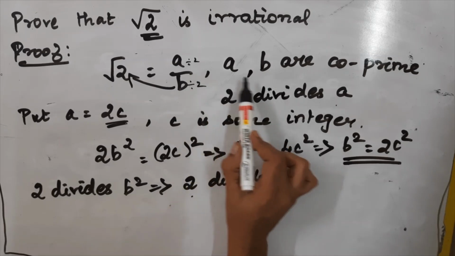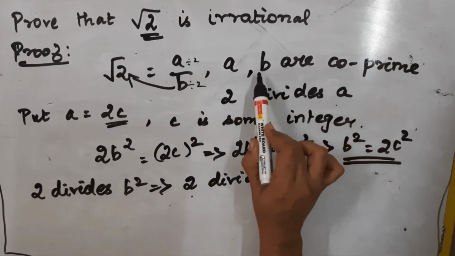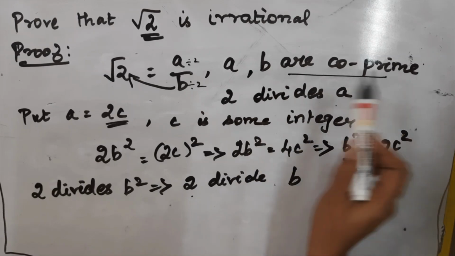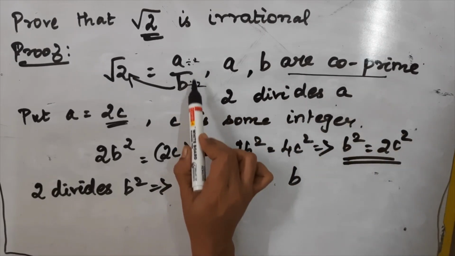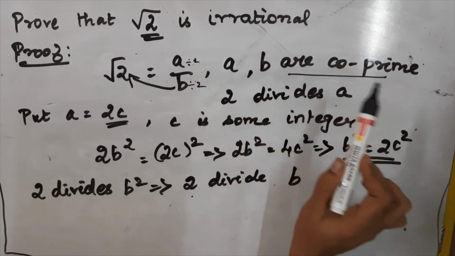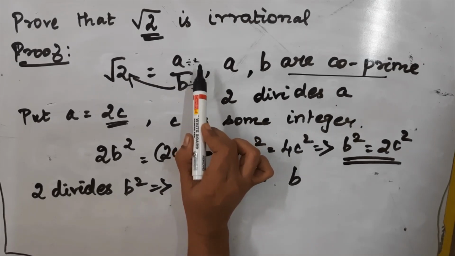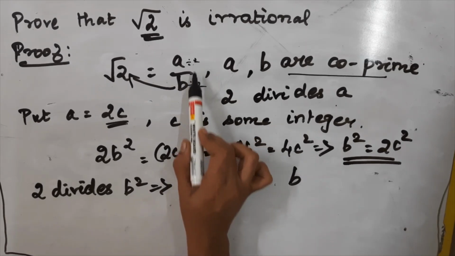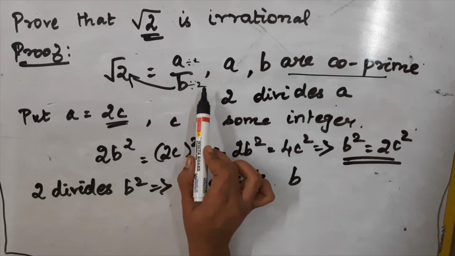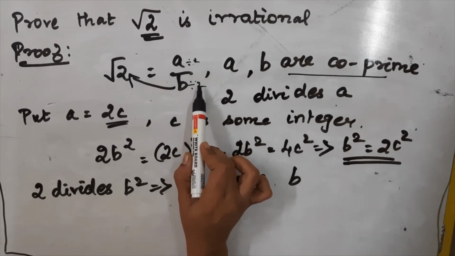I have already said a and b are co-prime numbers, which means they don't have any common factor, but here we have a common factor, which is 2.